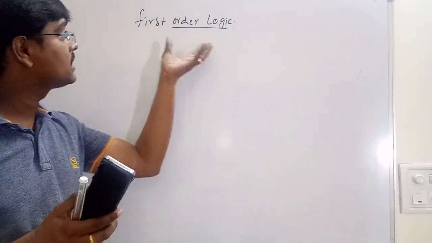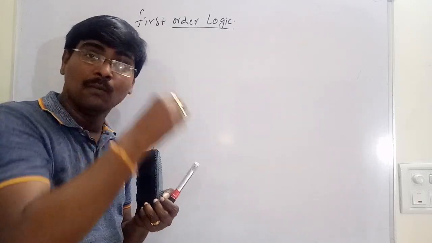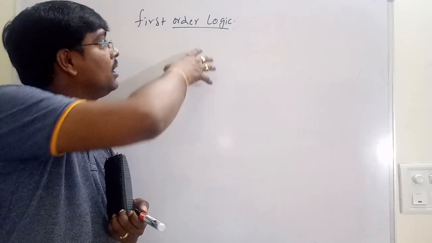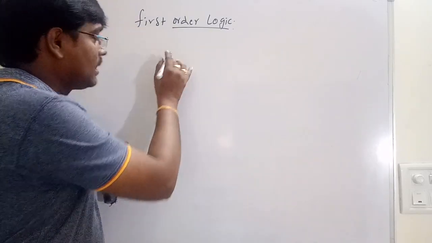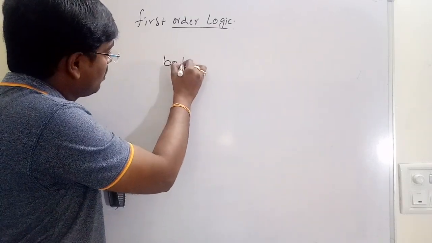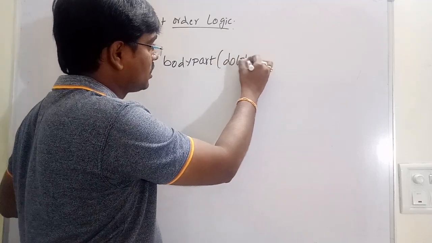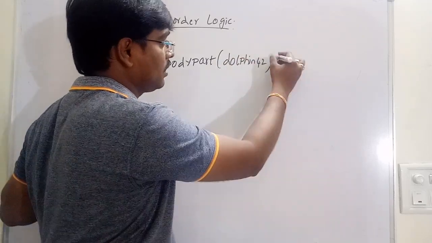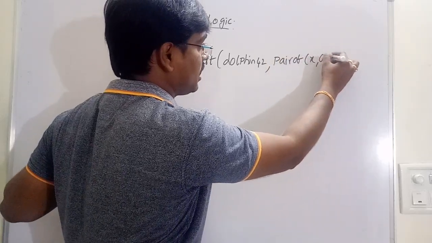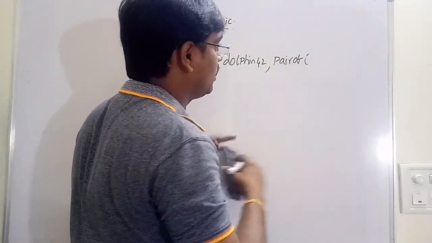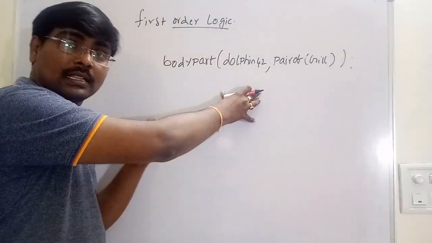We discussed first order logic mainly in rule learning. We have tree models and rule models, and in rule learning we use this first order logic. In a simple example, consider body part: dolphin 42, comma, pair of gills.